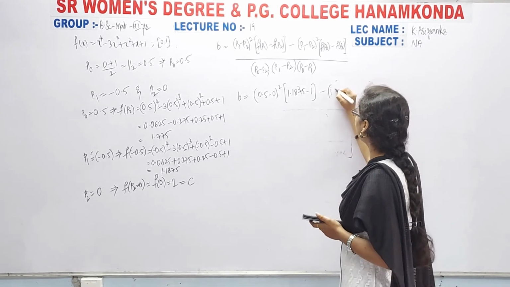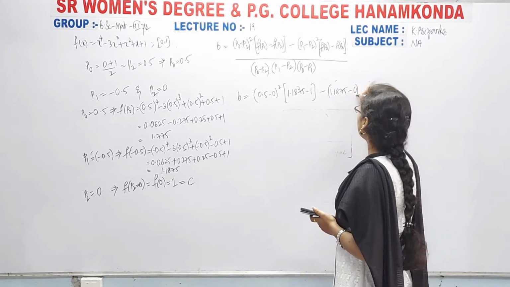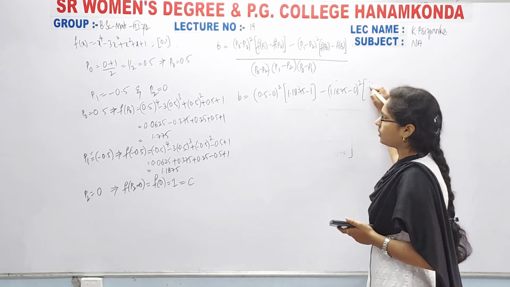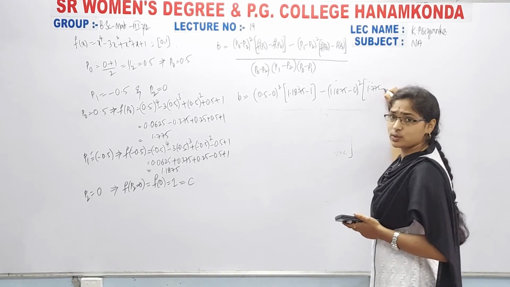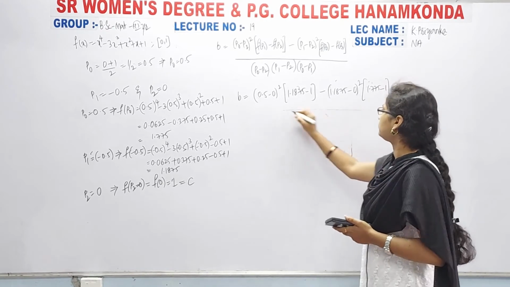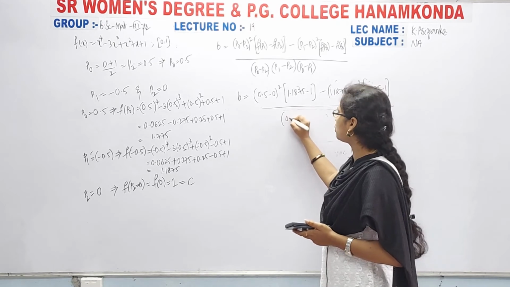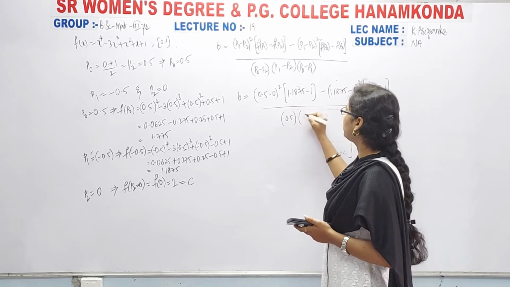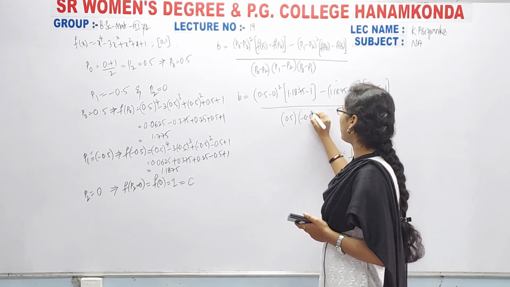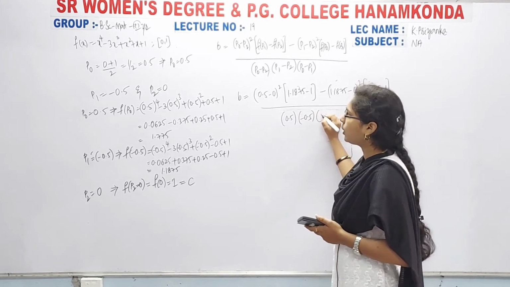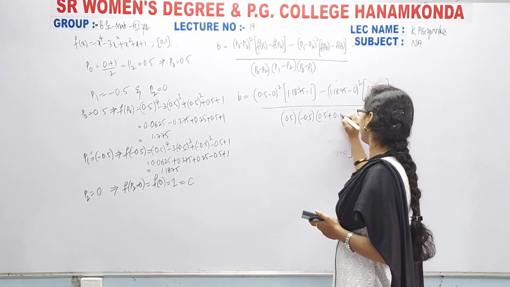P1 is 1.1875 minus p2, that is 0, whole square, of f of p naught, 1.775 minus f of p2 value, which is 1. So now 1 whole divided by p naught minus p2, that is 0.5, into p1 minus p2, so minus 0.5, into p naught minus p1, so 0.5 plus 0.5.